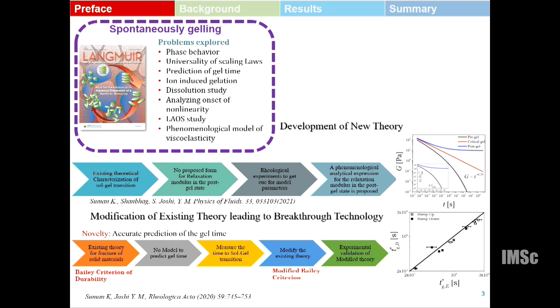To begin with, we worked on a spontaneously gelling system, a model system of laponite, which is a clay particle of anisotropic, disc-like shape, and we tried to understand different facets of gelation through this model system. We developed a phenomenological model to understand how the gel would behave in the different stages of gelling, and a brief result is represented here.